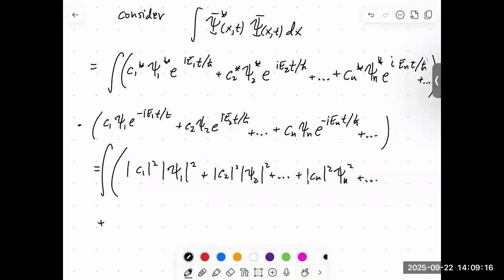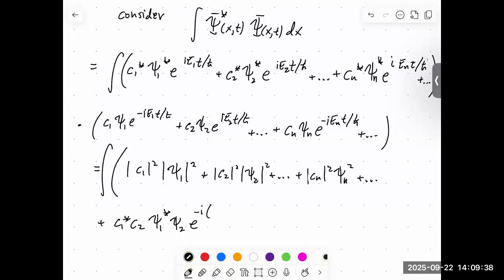Okay, so we'll do C1 star times the C2 term. So we're going to get a C1 star, C2, psi1 star, psi2. And then we have e to the, let's go minus i.